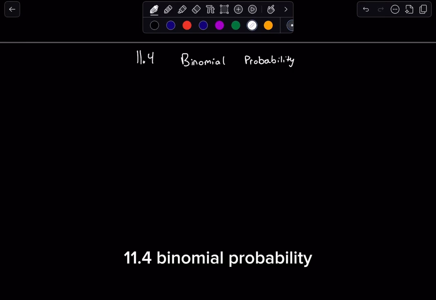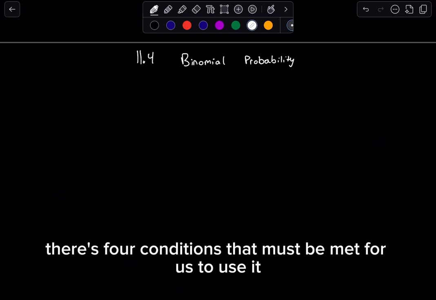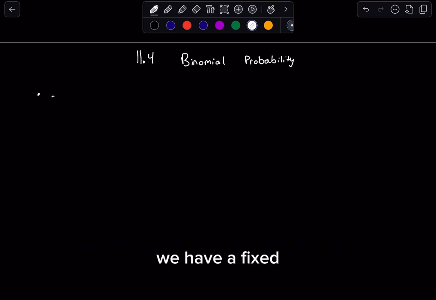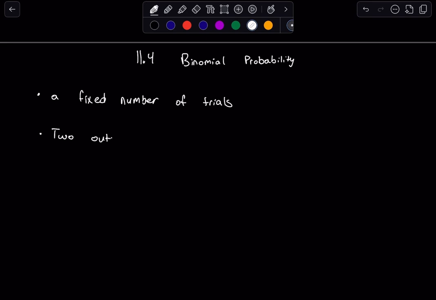11.4, Binomial Probability. Now, when do we use the binomial probability? There are 4 conditions that must be met for us to use it. We have a fixed number of trials, and each trial only has 2 outcomes: a success or failure.